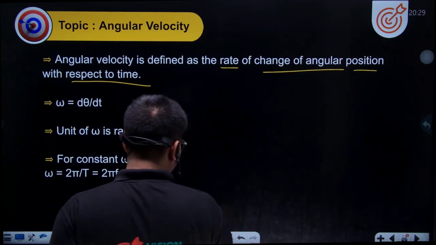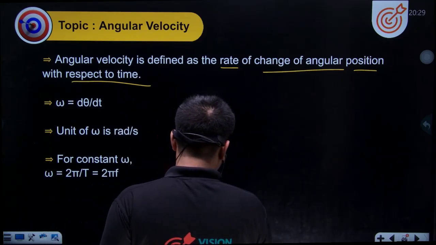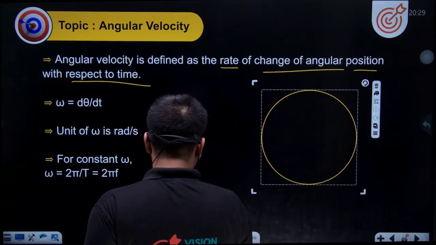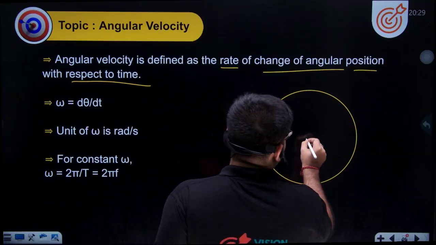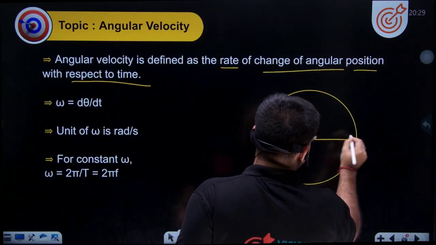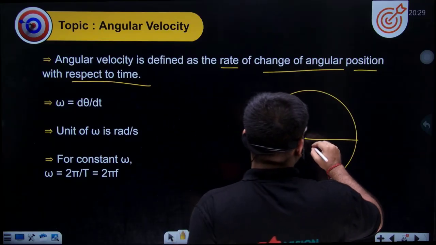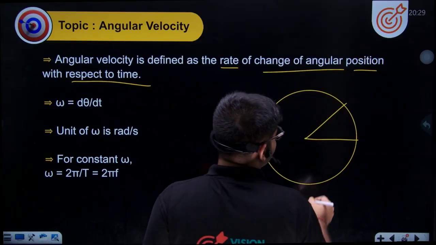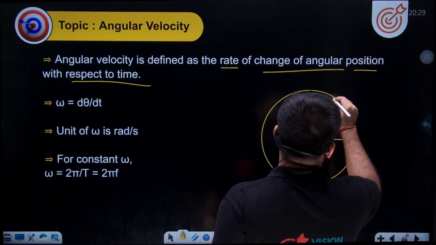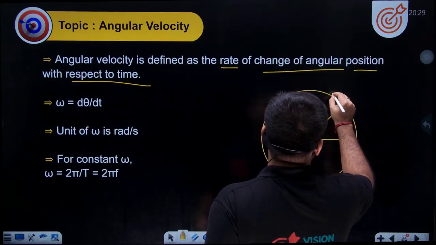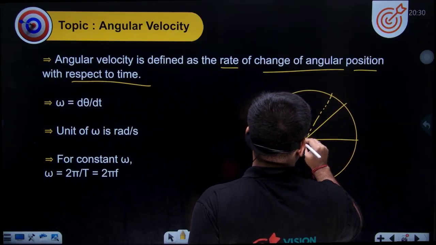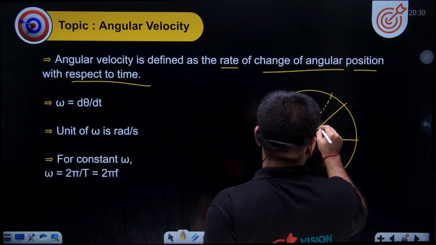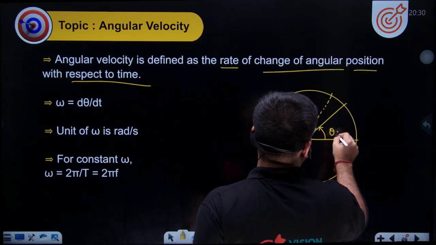So if you have a circle like this, suppose a particle has covered, so suppose this much is my theta 1.